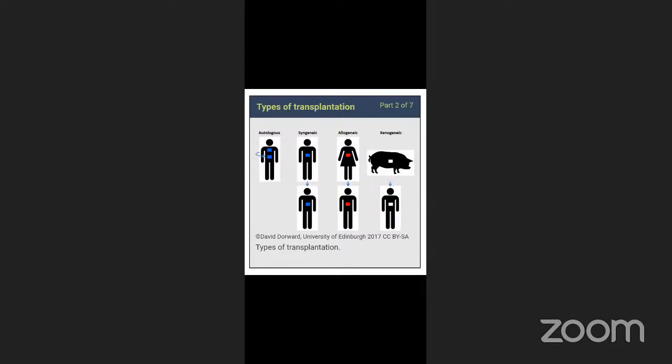The donor and recipient should belong to the same species, for example, Homo sapiens. Transplantation between the same species is called allogenic, organ transplantation between the same species. Genetically different members, not identical. If identical, that is syngenic. But if not identical, allogenic.